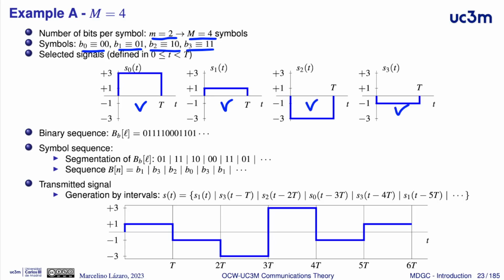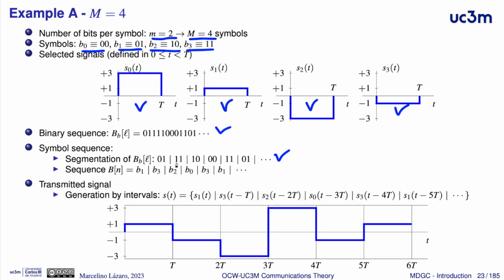Each one is associated to each one of these symbols B0, B1, B2, and B3 respectively. The binary sequence to be transmitted is split in pairs of bits, because in this case we have 2 bits per symbol. The first symbol, the first pair of bits after this splitting, is 01. 01 is the symbol of index 1. Therefore, in the first symbol interval, we have the signal S1.